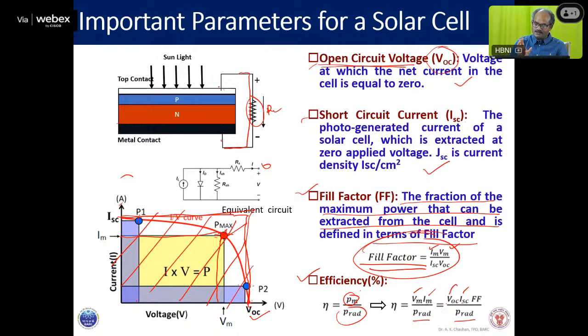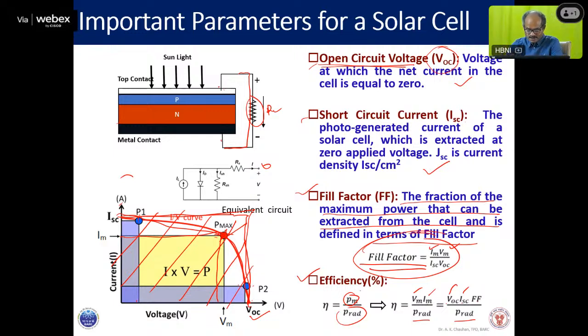From that IV characteristic, this red line, at each point you can calculate how much power it is giving, then find the maximum power and divide it by VOC into ISC, and that will give you the fill factor.